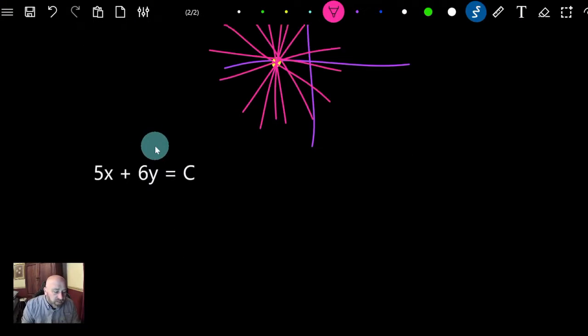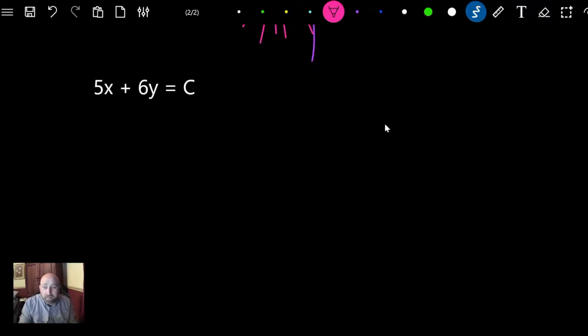All right, let's look at this next one, and then this will be it. In your book, this is on page 227. This is number 1. So we need to determine what the characteristics of these lines are, because these are multiple lines. So here's what we have: 5x plus 6y equals c.